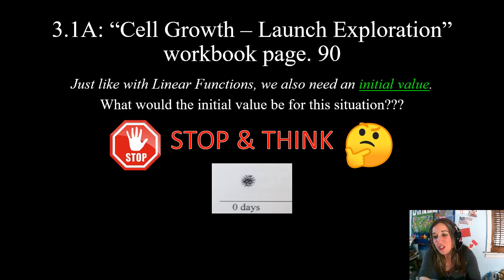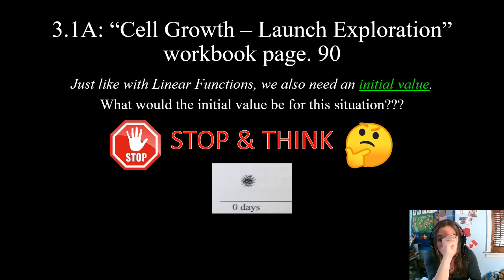Okay, so with this situation, 0 days having gone by, that's where this all started, right? How many cells did we have, you guys? We had 1. We started with 1 bacteria cell. No time has gone by. Just like with our linear functions, we're thinking about when no time has gone by. That's our initial value.